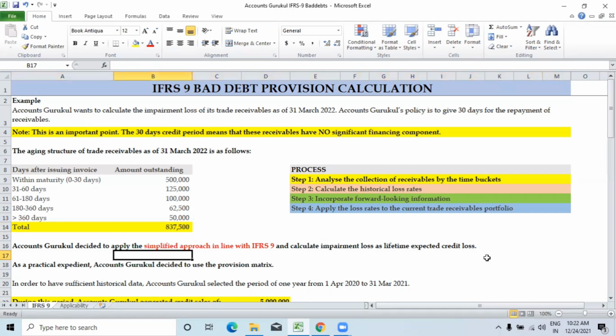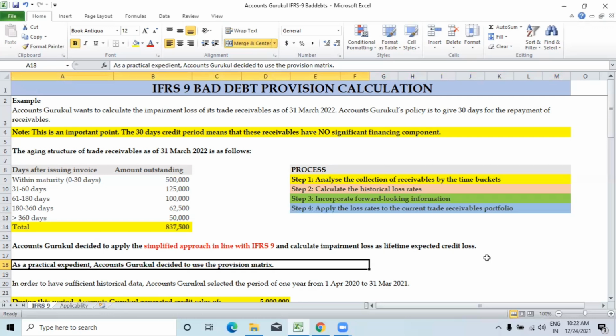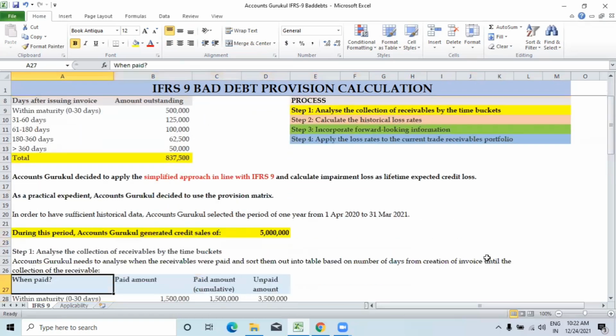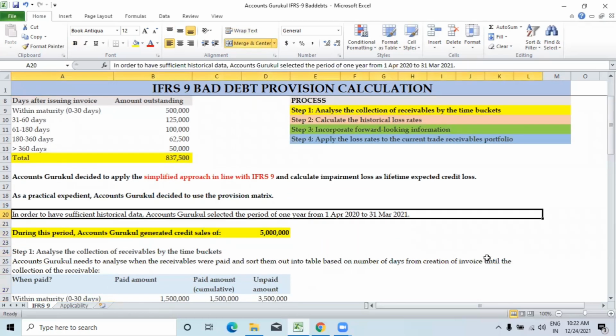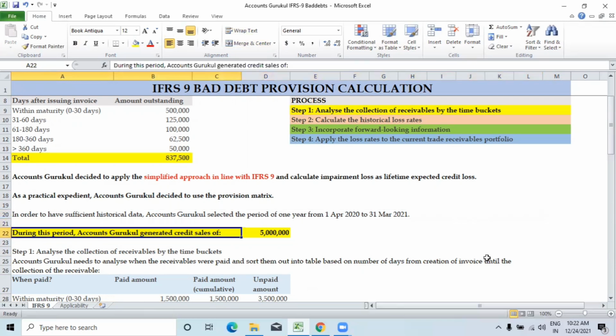As a practical expedient, Accounts Gurukul decided to use the provision matrix. And in order to have sufficient historical data, Accounts Gurukul selected the period of 1 year from 1st April 2020 to 31st March 2021. During this period, Accounts Gurukul generated credit sales of around 50 lakh.